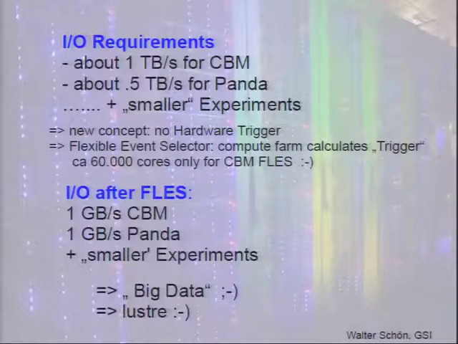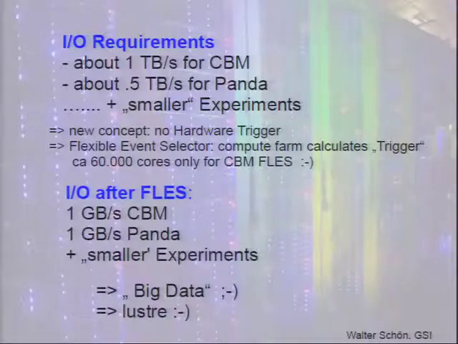The hardware trigger approach has a disadvantage: there is some prejudice in the physics. If you build your hardware trigger, you know what you have to expect from the physics. With this new accelerator, we want to be prepared for everything that will come. So instead of building in hardware, we make something like a flexible event selector. It's a huge compute farm.